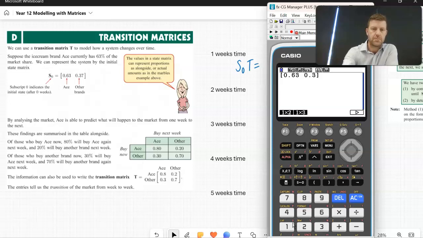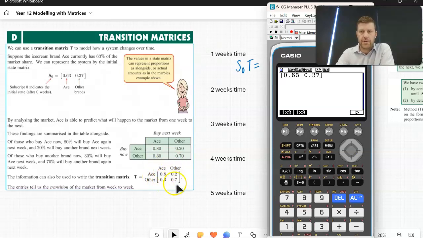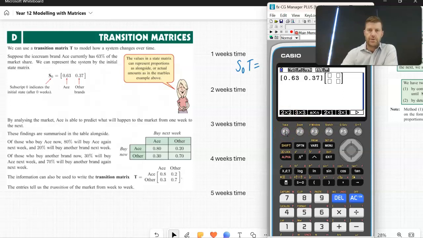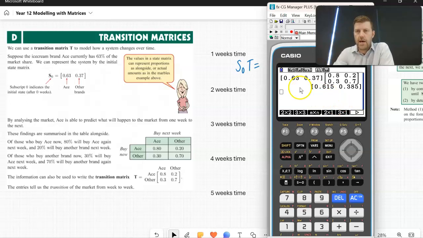And then I'm going to multiply that by my transition matrix, which is a 2 by 2, so 2 rows and 2 columns. So 0.8, 0.2, 0.3, and 0.7. Okay, so multiplying those together, I get the answer 0.615 and 0.385.